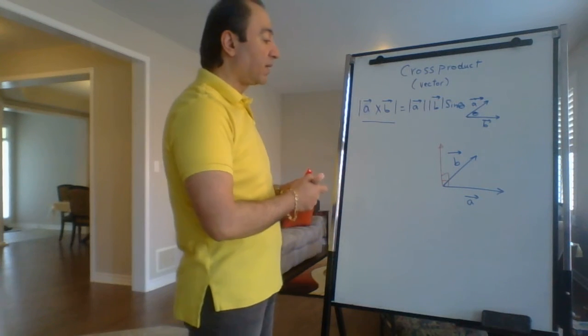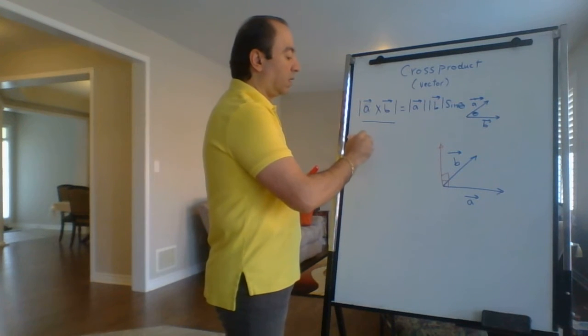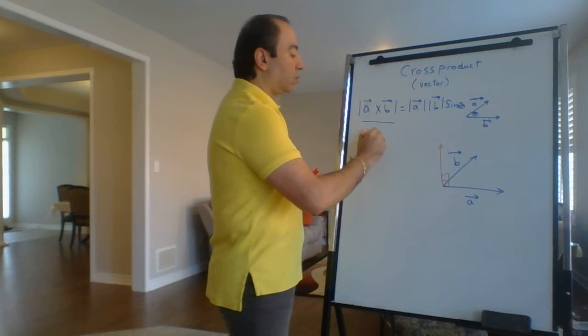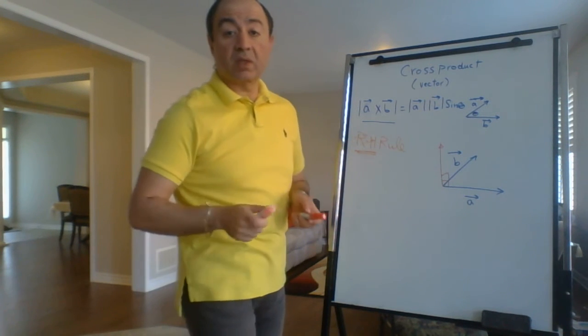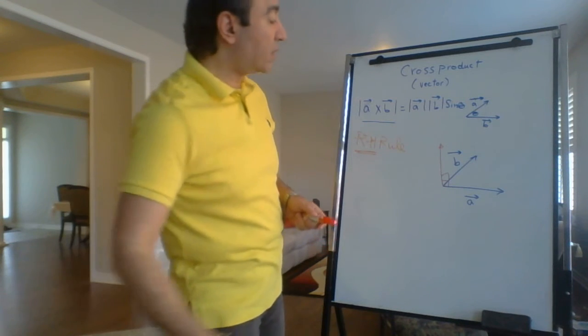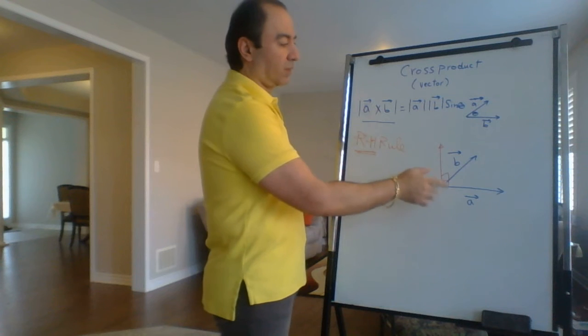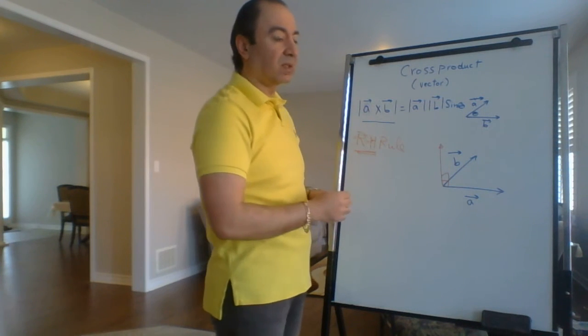We use the right hand rule. It has to be the right hand. We use the right hand rule to determine if it's going up or down or in. When we are doing it on the board, it will be inside the board or outside the board.